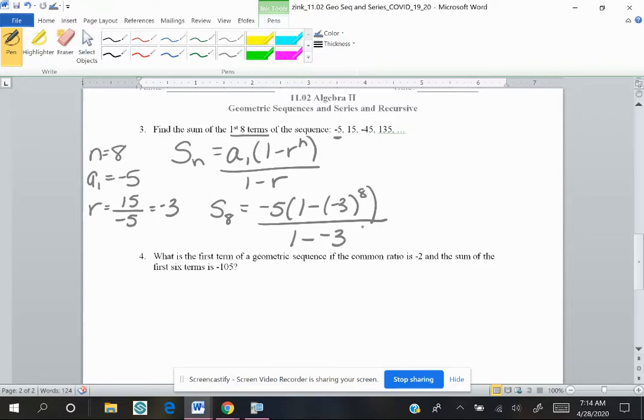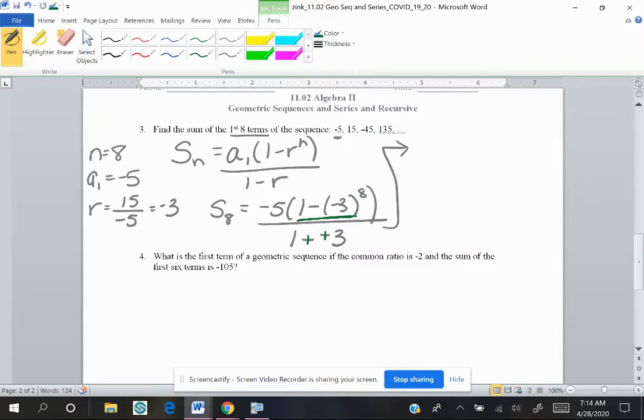When it's addition and subtraction, you don't need those parentheses. The hardest part about these is simplifying all these negatives, because down here, we can make those double negatives into a positive. But right here, and this is the part that really is tricky, you can't make the double negative into a positive, because this negative 3 is being raised to the 8th power.